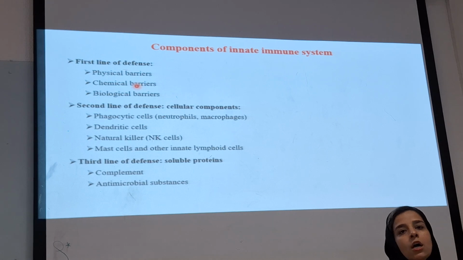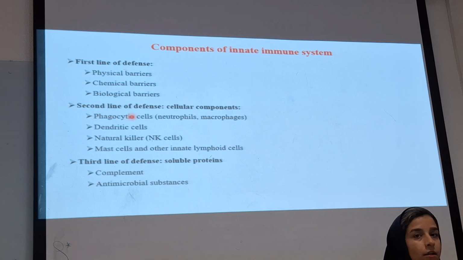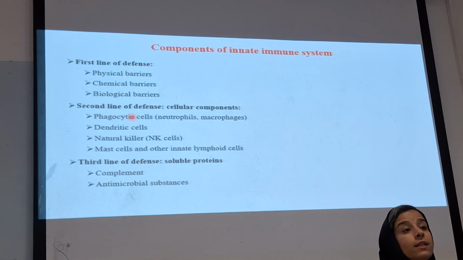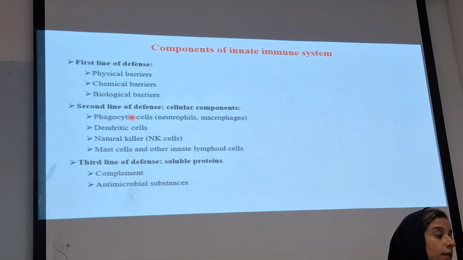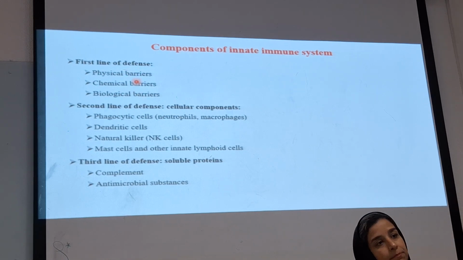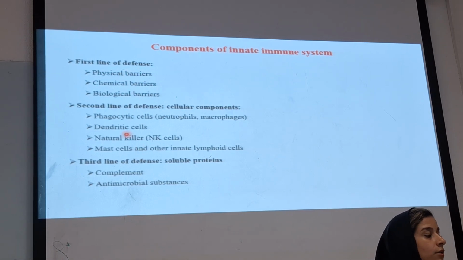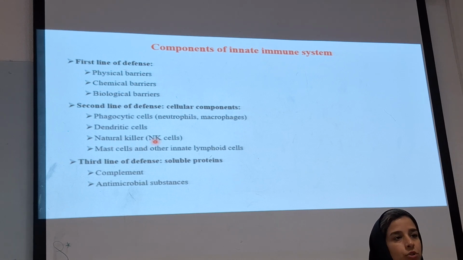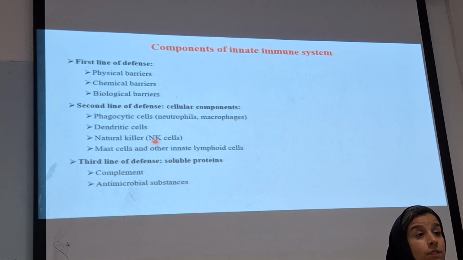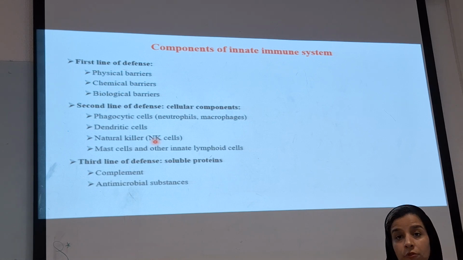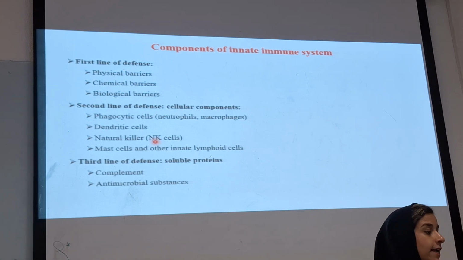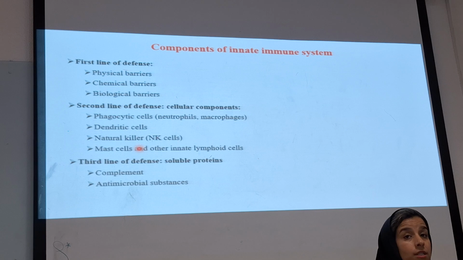Yes, skin is kind of physical barriers and biological barriers. And in the second line of defense, when the pathogens break these barriers and pass through them, they are exposed to some innate immune cells like NK cells, macrophages, monocytes, mast cells, and dendritic cells.